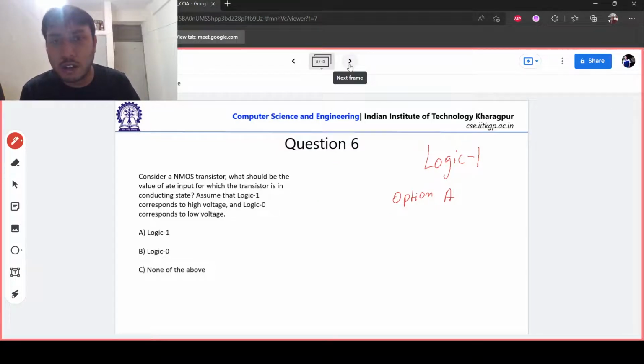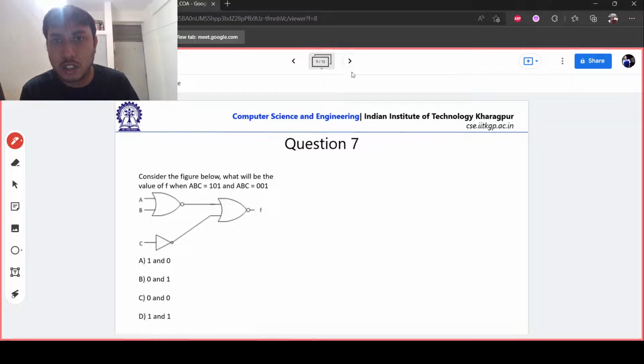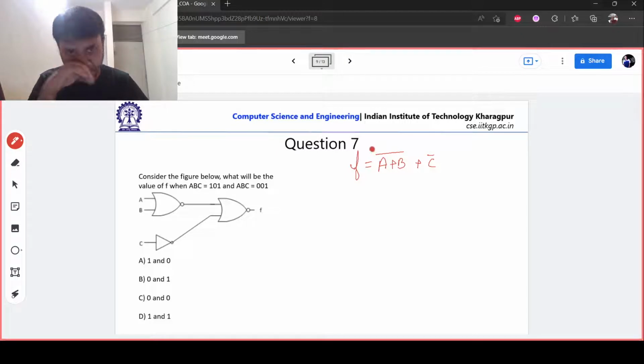So now let's go to the next question. So this is question 7. So consider the figure below. What is the value of F when A, B, C value is 101 and A, B, C value is 011. So we can write F equals A plus B for the NOR representation, plus C bar for the NOT of C, and the whole NOT.